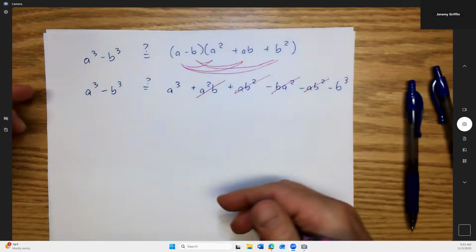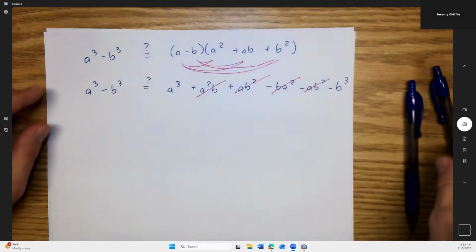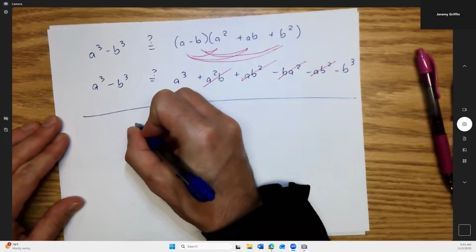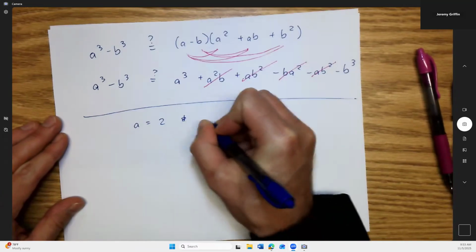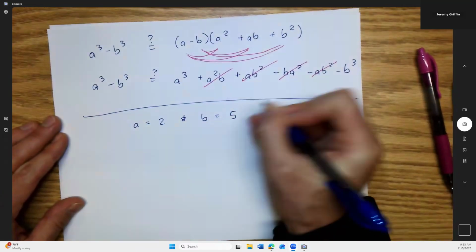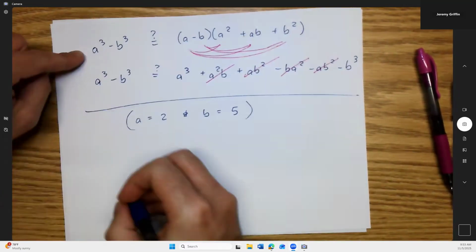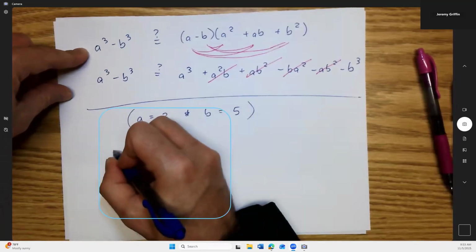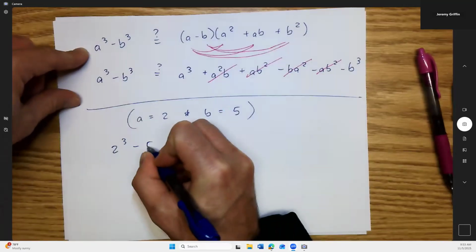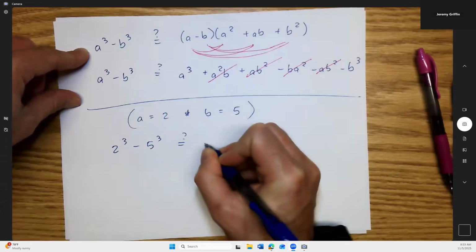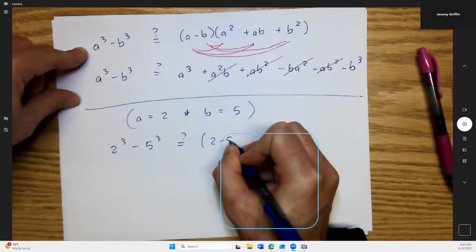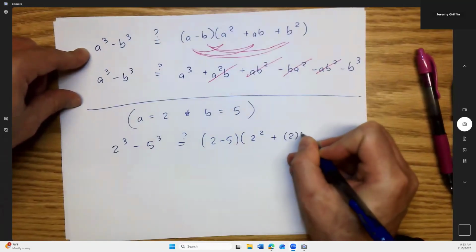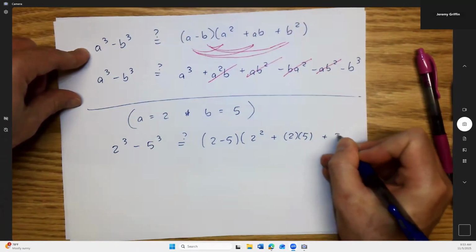Again, A and B are kind of abstract. If you want to plug in some numbers, let me try this. What if A is equal to 2 and B is equal to 5? I'm just thinking of something crazy. Okay, so 2 cubed minus 5 cubed, is that the same thing as 2 minus 5 times 2 squared plus 2 times 5 plus 5 squared?